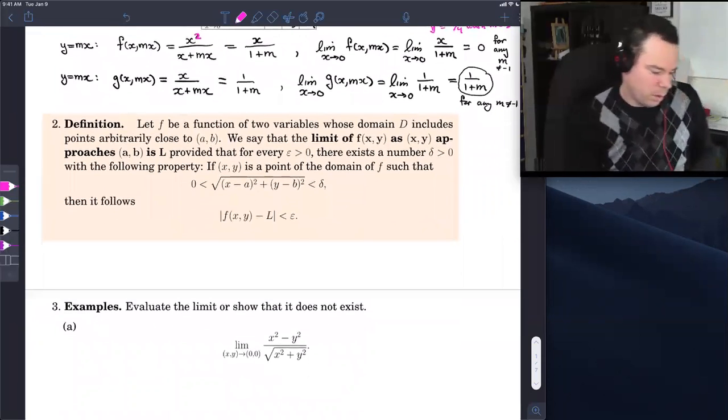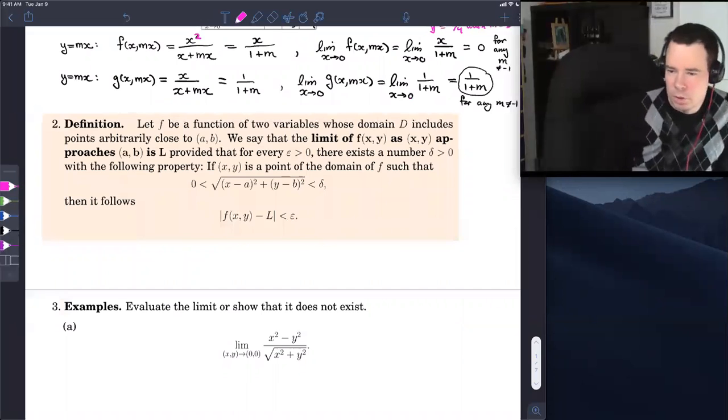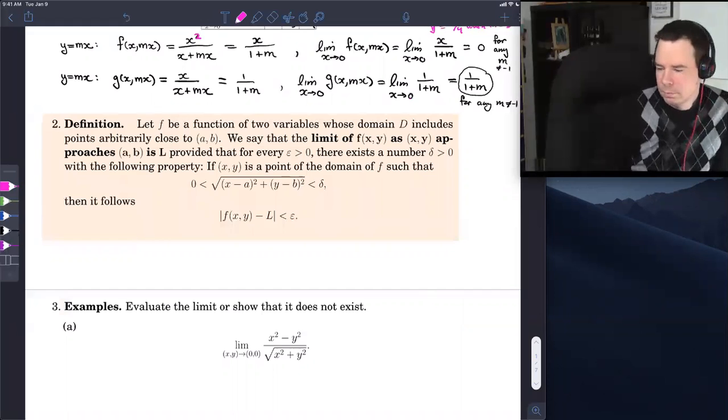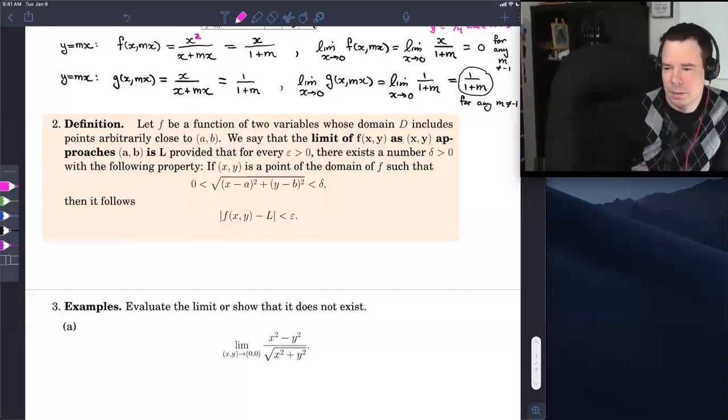And so here's our definition of the limit for multivariable functions. It says let f be a function of two variables, and the domain includes points arbitrarily close to a, b. So a, b is the point that we're going to take the limit as xy go to that point.